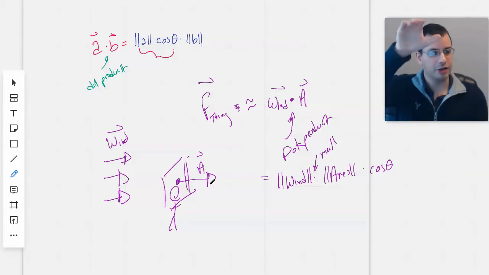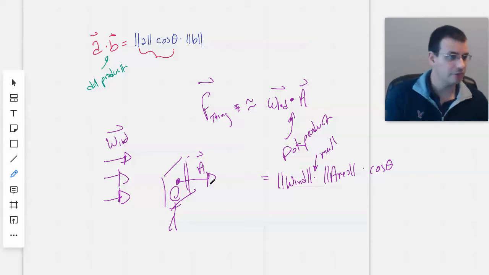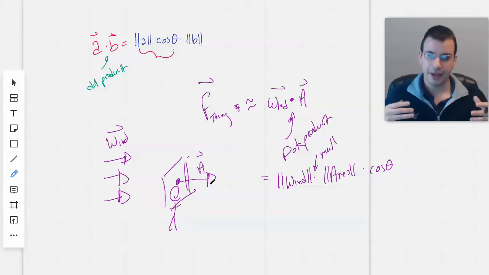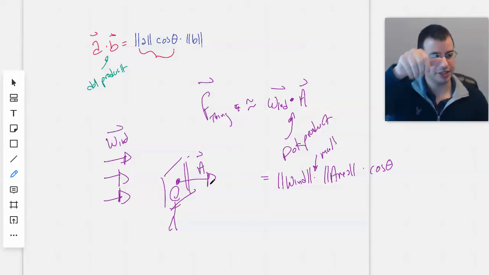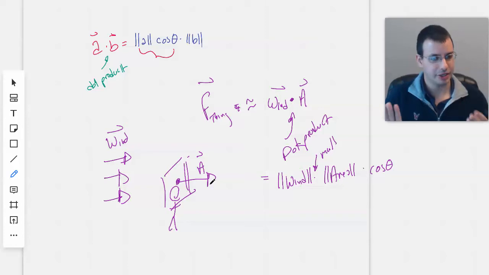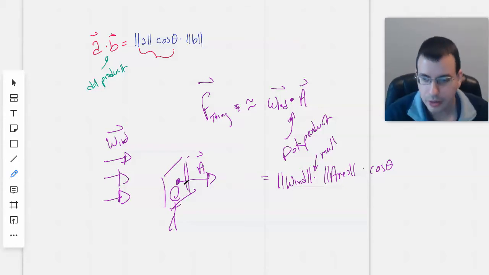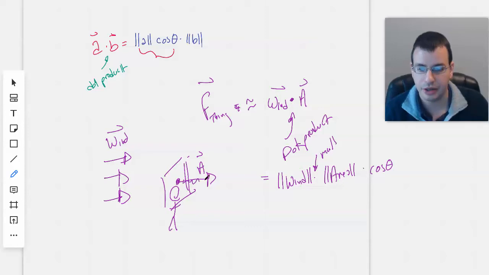And so you'd have maximum force from the wind on your painting, which would make sense. If you're carrying your painting like this and the wind is coming this way, it's going to do a lot of blowing of your painting. And so you want to turn your painting sideways so that the vector that's perpendicular to the area of the painting, your area vector, would be pointing up instead of this way.